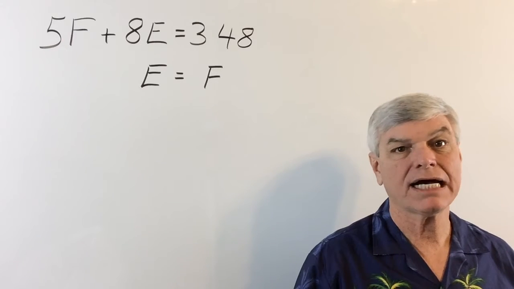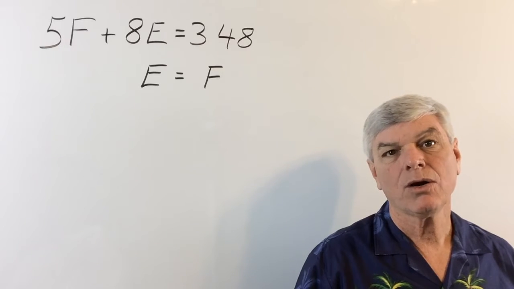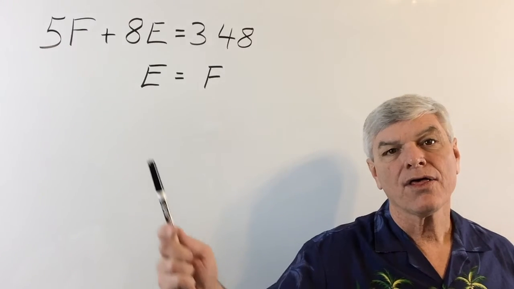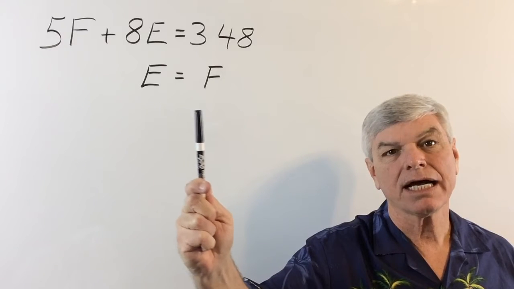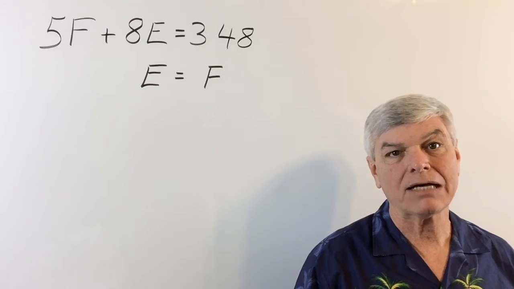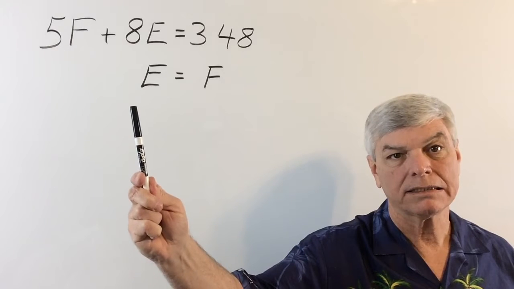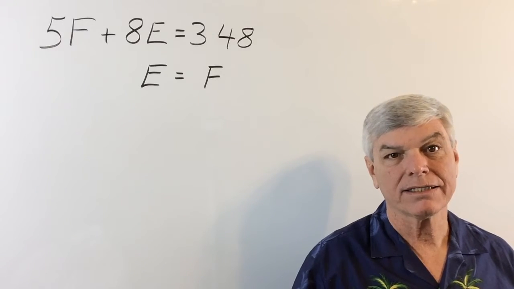We have 7 times as many. It doesn't matter. In this equation, we have 3 times as many 8-cent stamps as we do 5-cent stamps. And it sounds like that 3 should be in front of the E. 3E equals F. That's incorrect.